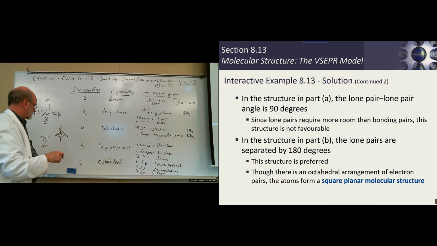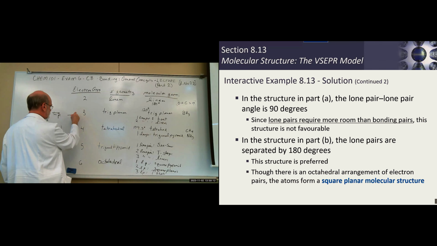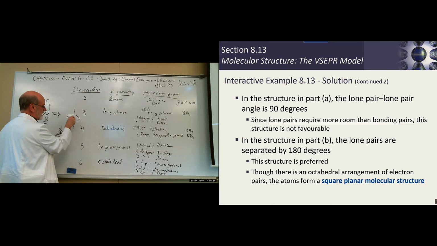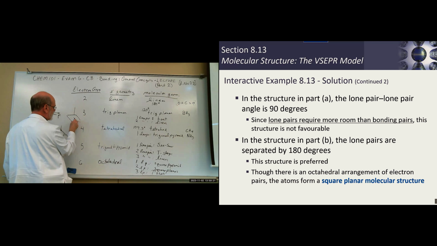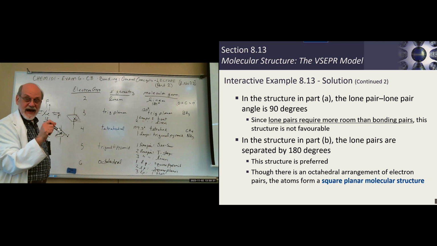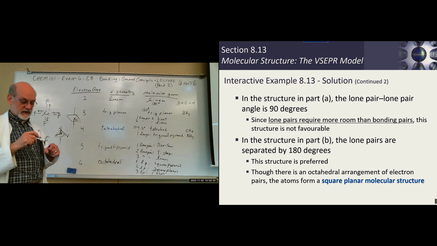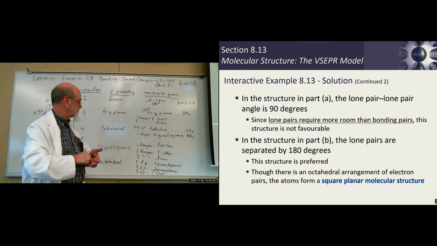The octahedral, like that, with a central atom. Now you have the possibility for here, here, here, all the way around is 90 degrees, and here, here is 180 degrees, or here, here. So that's only 90 and 180 are the possibilities for octahedron.